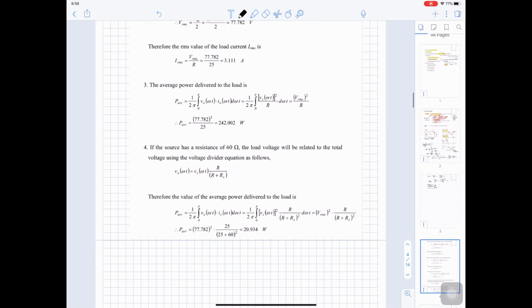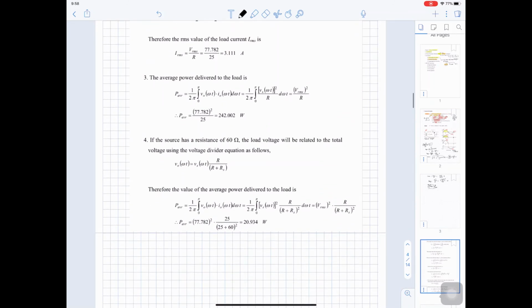So simply here, you can do a voltage divider by using the resistance ratio, or you can find the power using the power equation and then do the analysis.